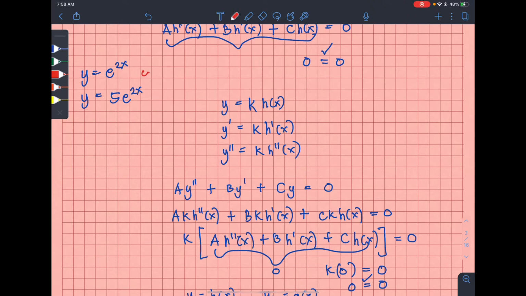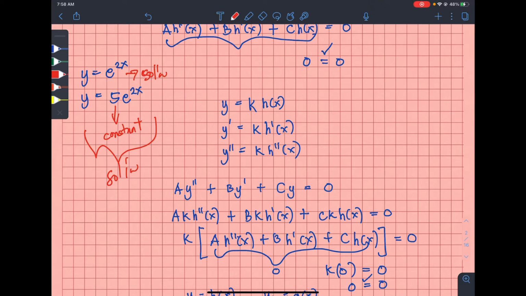So attaching or multiplying a constant to the solution still makes a solution of the differential equation. So that's the second idea that we have.